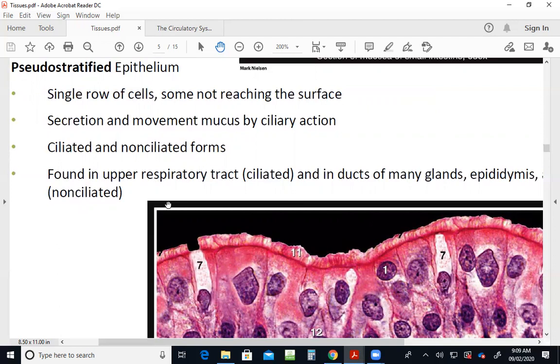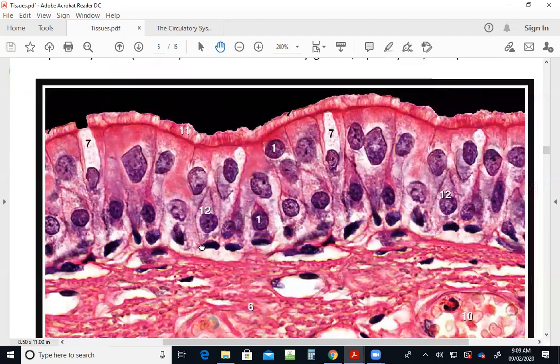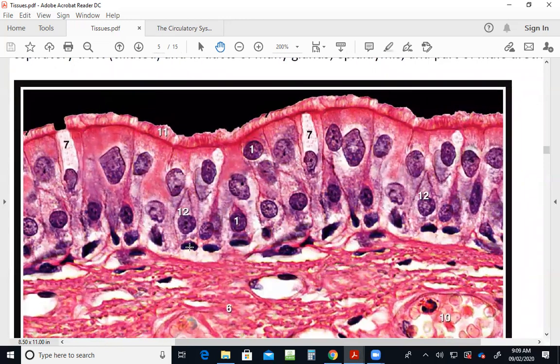Pseudostratified, therefore, means it looks like there are many layers, but in actuality, there's not. In this picture, this red stuff down at the bottom is connective tissue. So from where my cursor is going across, outward to where you can see the cilia, this is all pseudostratified. It looks like there are at least 2 to 3 layers in there.